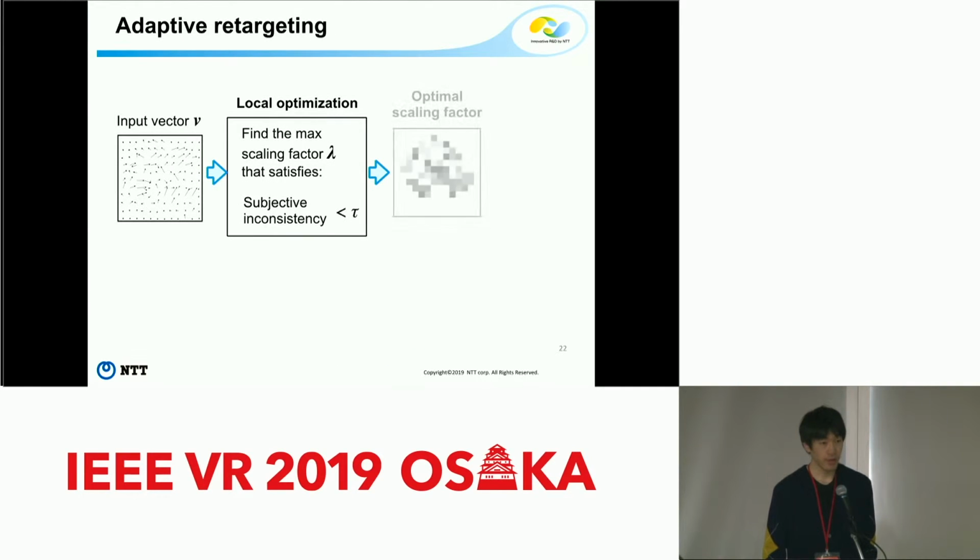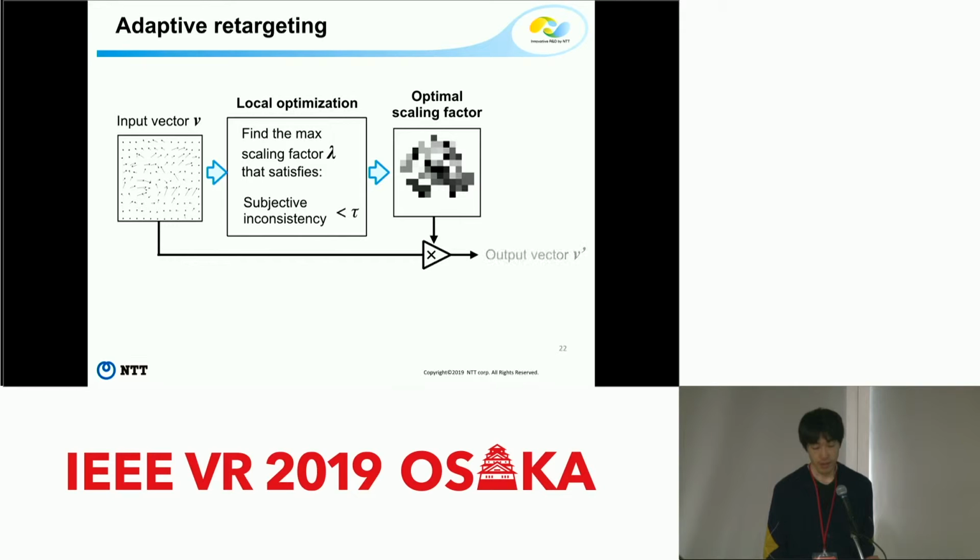The basic idea of our method is quite simple. We just rescale the input motion vectors so that the subjective inconsistency obtained from the model stays within a tolerable range. We measured this tolerable range in another user study.